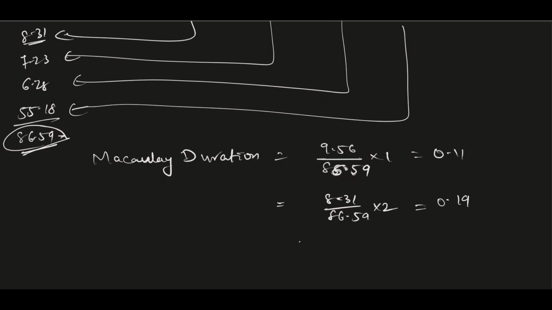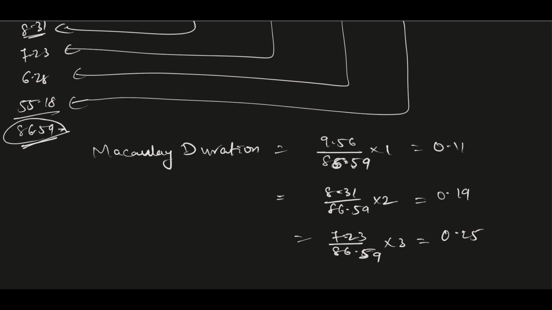Then the third one, 7.23 divided by 86.59 into the third period of payment, so that comes to 0.25.